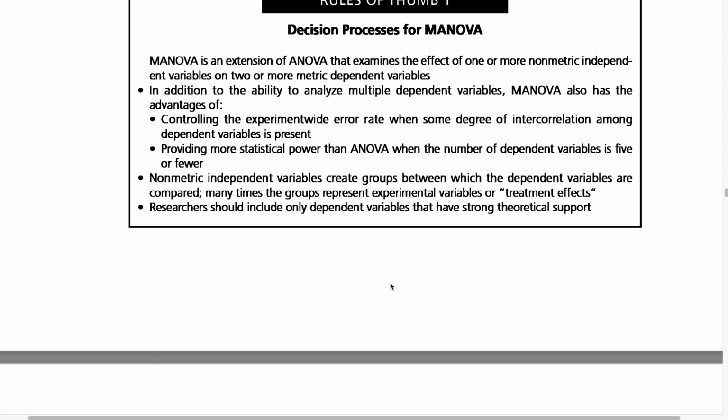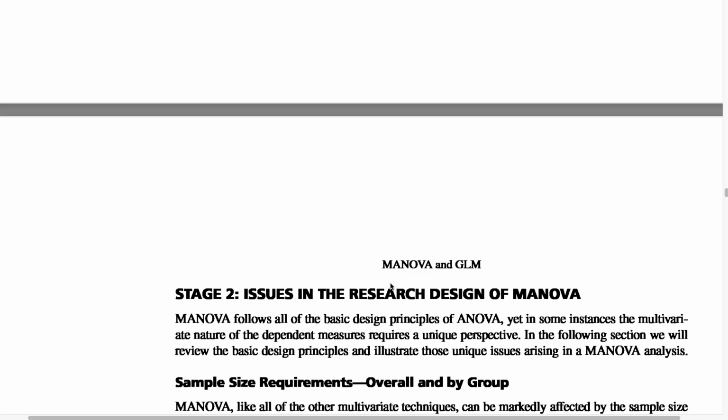Use ANOVA when the number of dependent variables is 5 or fewer. Non-metric independent variables create groups between which the dependent variables are compared. Many times the groups represent experimental variables or treatment effects. Researchers should include only dependent variables that have strong theoretical support.